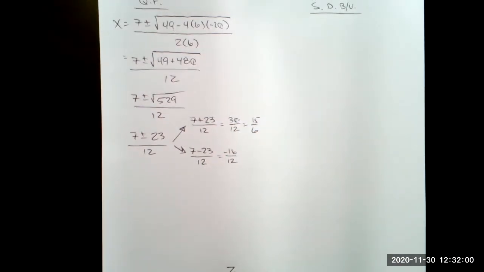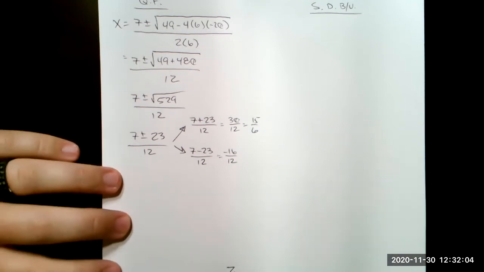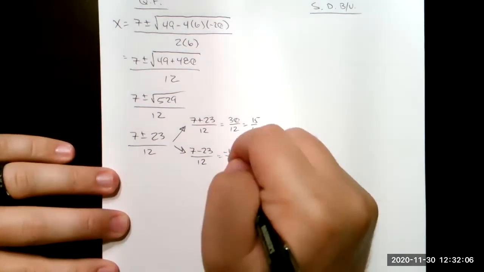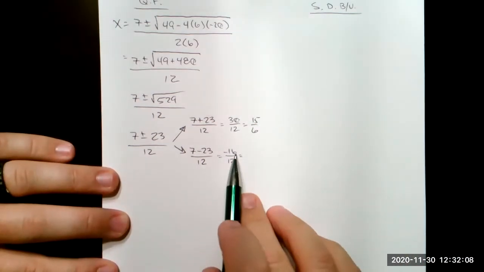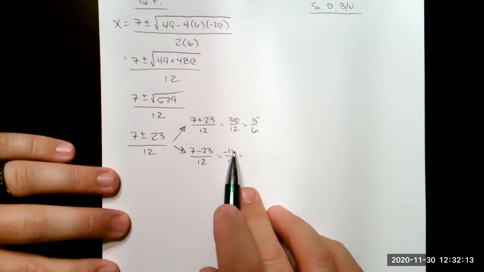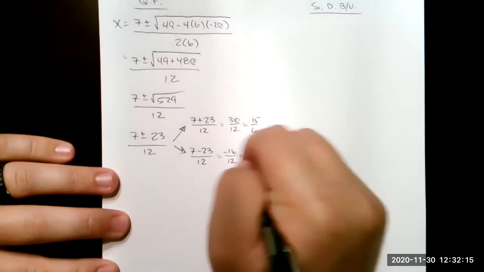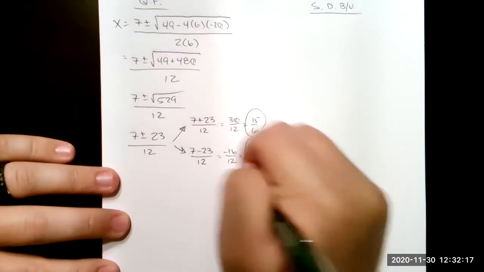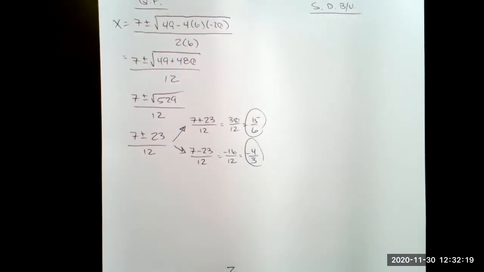Let me just again double check. I don't want to keep going and then screw everybody up. Yep, -16. I can simplify that a little bit further. So what is that going to be? That's going to be -8/6, which can simplify down to -4/3. So there are my 2 answers.